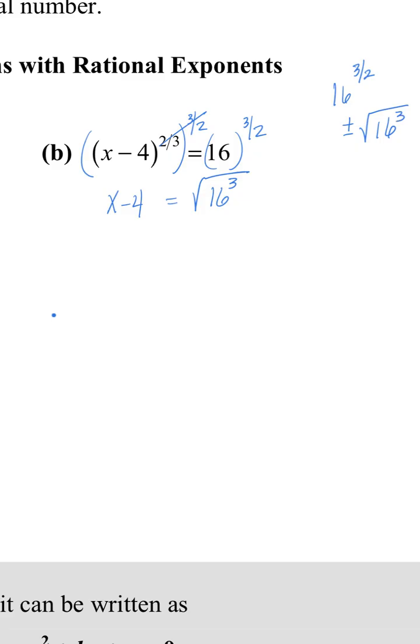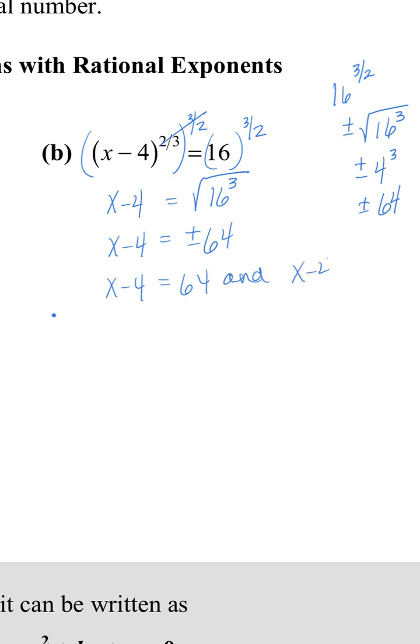The square root of 16 is 4, and 4 cubed is 64. So plus or minus 64. So x minus 4 equals plus or minus 64. Think of it as x minus 4 equals 64, and x minus 4 equals negative 64.